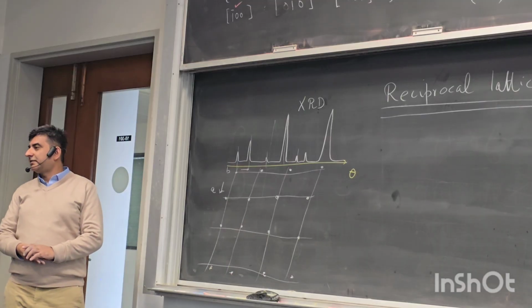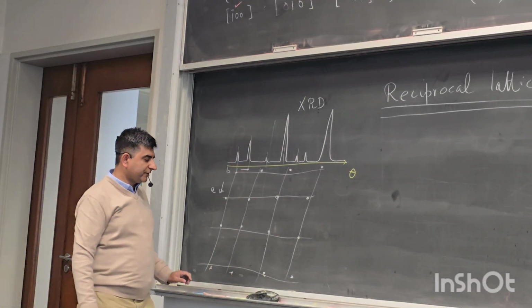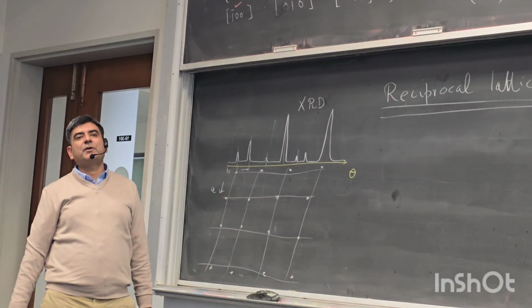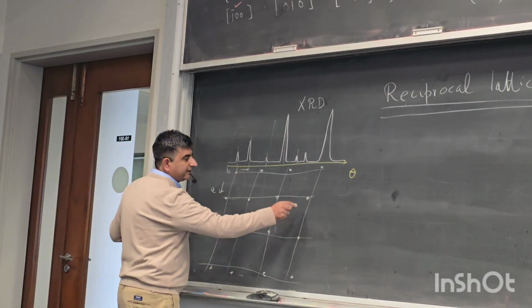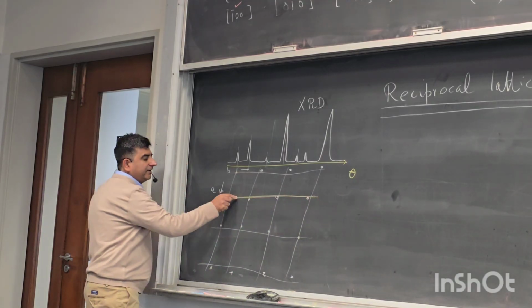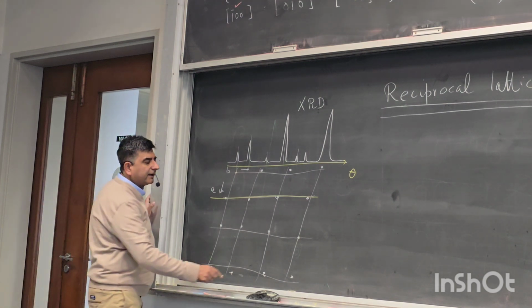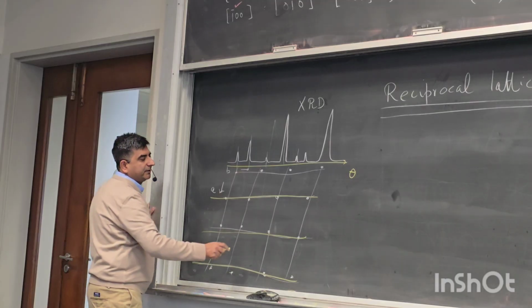Now we can draw planes inside. Suppose the C axis is coming out. First of all I draw the 1, 0, 0 plane. So the 1, 0, 0 plane is this plane, right? It can be this plane as well. They all belong to the same family, they're all parallel.